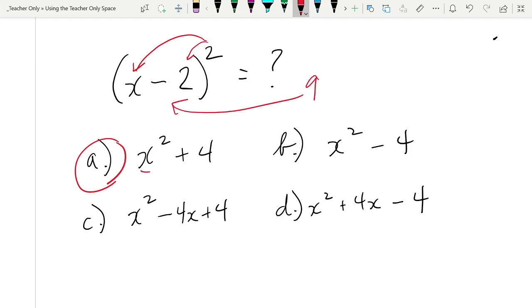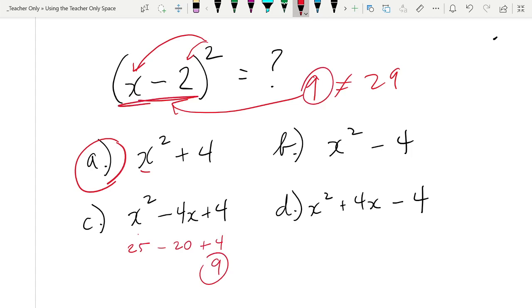If you plug a 5 into here, 5 squared is 25 plus 4 is 29. And 9 does not equal 29, so something's drastically wrong. But, hey, put a 5 in here, and you get 25 minus 20 plus 4. 5 plus 4 is 9. So this thing does equal C. C is the right answer.